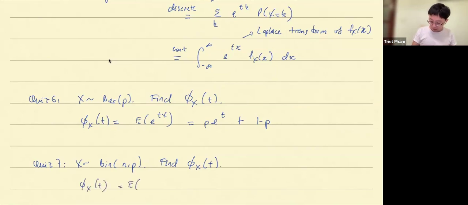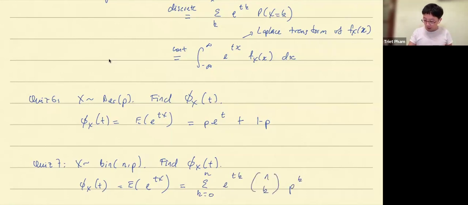Well, again, right? It's still the same question, but a different distribution. So this will be, right, the sum of k from 0 to n, e to the tk, n choose k, p to the k, 1 minus p to the n minus k.